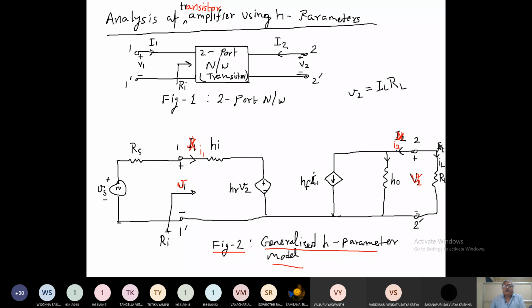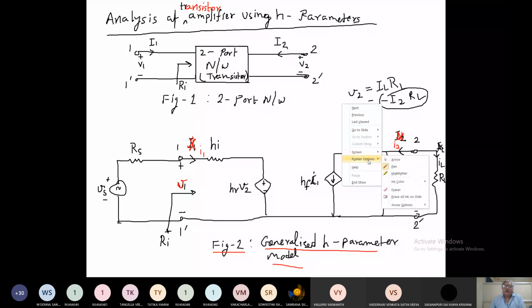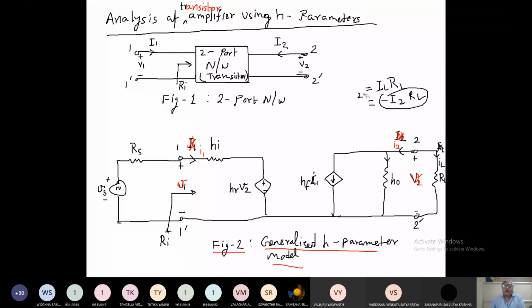And if you write in terms of I2, then we know I2 and IL are both the same but with opposite direction. So in place of V2 we can write minus I2 RL. Already we have used this expression earlier also.